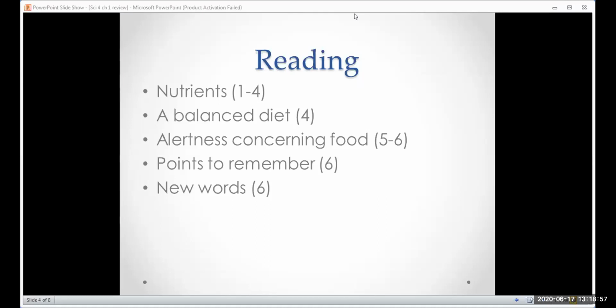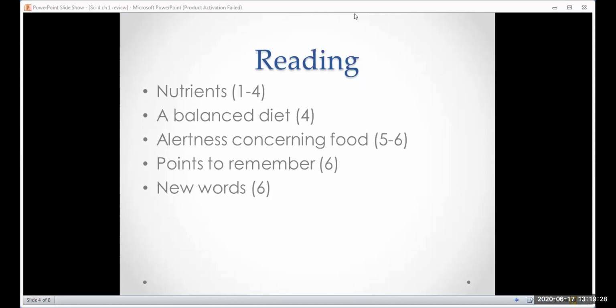Oil, butter, ghee, nuts, and fish contain fat. Too much fat is not good for your health. Foods rich in carbohydrates and fats are called energy giving food.